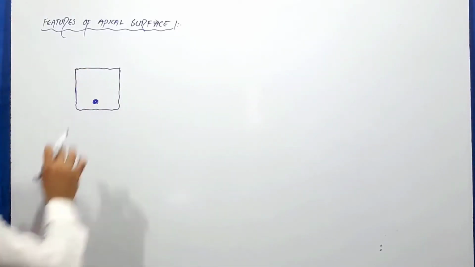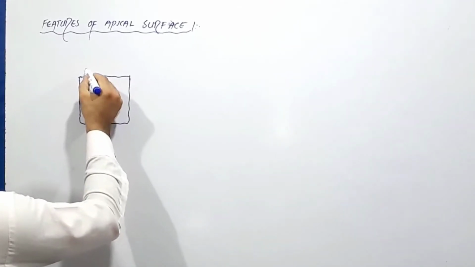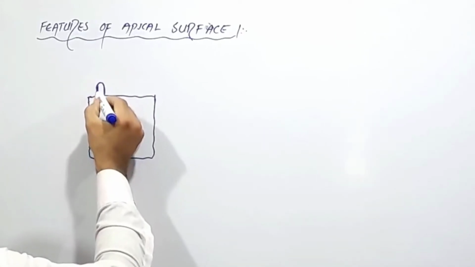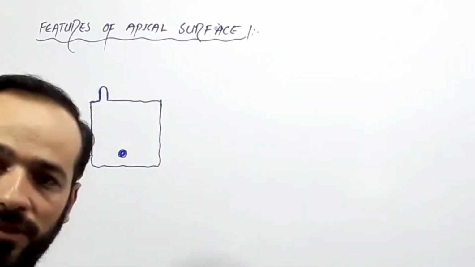Now look, in certain areas of the body, the cell membrane will project upward and will come again downward, right? In certain areas there will be projections like this.